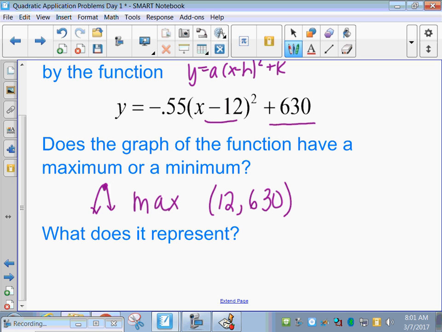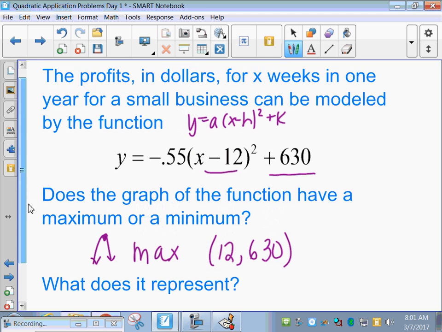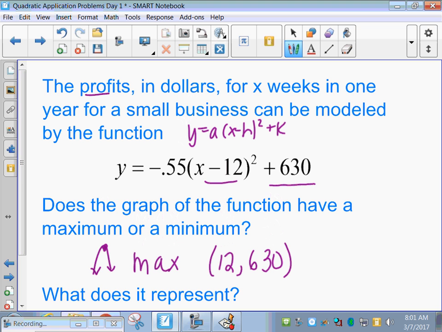What does it represent in the context of the problem? All you have to do is look at what is the x and what is the y. Well, it says right here, the profits in dollars for x weeks in 1 year can be modeled by the function. So x is what? The number of weeks. Okay, it just said x weeks. And that means when I plug in weeks, it spits out what? Profit.